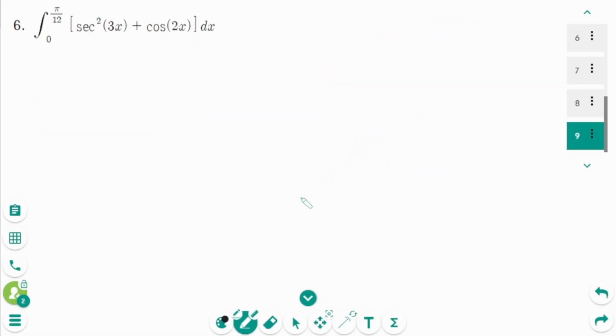Was it a bit long to evaluate the integral? Now, use the shortcut. We don't need to separate the integral. The integral of secant squared kx dx equals 1 over k tangent kx plus c.